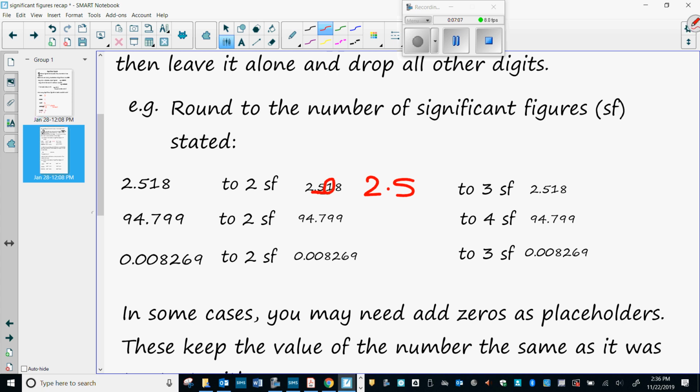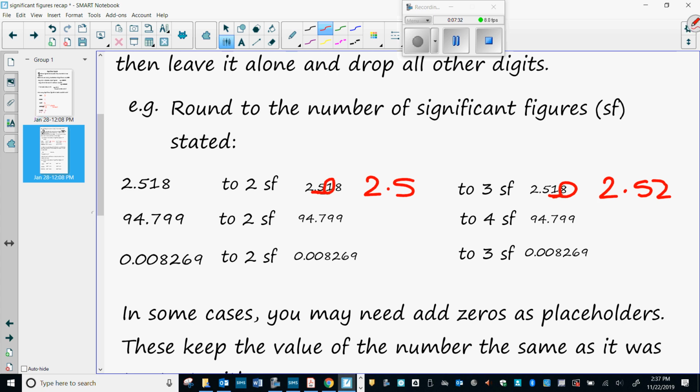Next one is to 3 significant figures. Same number though. So count 1, 2, 3. I'm underlining the 1. You circle the digit immediately to the right of it. Is that 5 or more? Yes. So therefore we add 1 to the digit we just underlined. So it's going to become 2.52. Everything else goes.